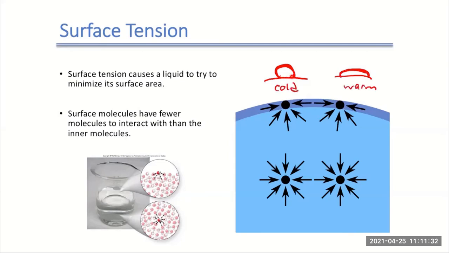On a cold surface, you might end up with more bead-like water spots. On a warm surface, they might be a little more spread out, a little more lower. And this is because the molecules at the top here, the molecules on the surface, are all trying to pull inward so that they can have more intermolecular forces acting upon them. In the warm molecules, we don't need that as much because molecules are moving around a lot quicker here.